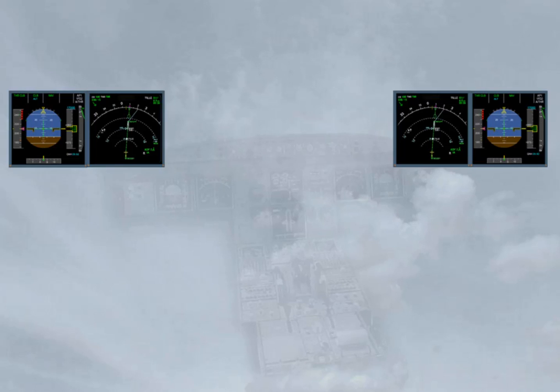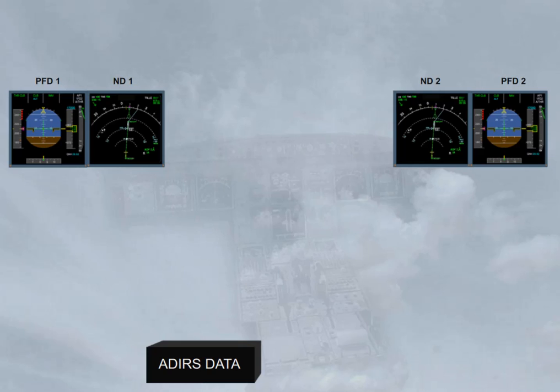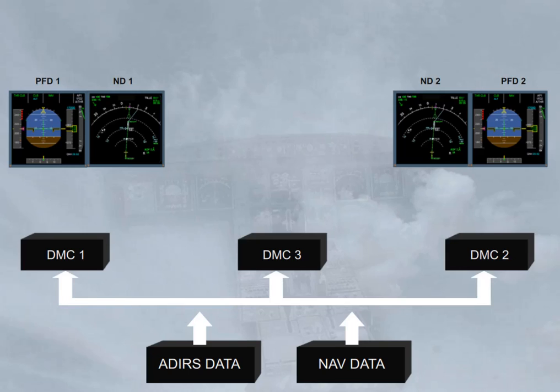Now, let's go back to the EIS system. For the EIS displays, data from the Air Data and Inertial Reference System, ADIRS, plus navigation data from the Flight Management and Guidance System, FMGS, supply directly the three display management computers, DMCs.